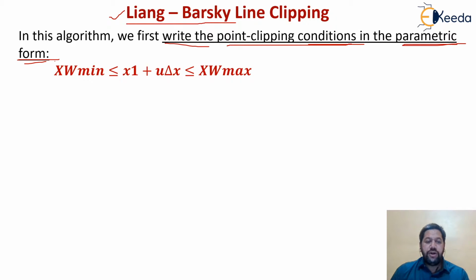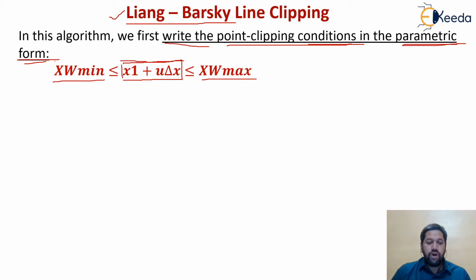How is it written in parametric form? I'm not considering my x value only, but I'm considering it equal to, as we have just seen, x1 plus u delta x. The value of this should lie between xw minimum and xw maximum.